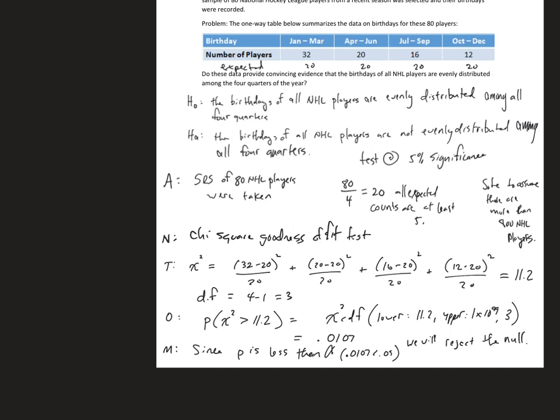And so I'm going to say that we have convincing evidence that the birth months of NHL players affect whether or not they play in the NHL. So yes, we will reject the null. There is convincing evidence birth month affects it. And you guys could go on and write that out.